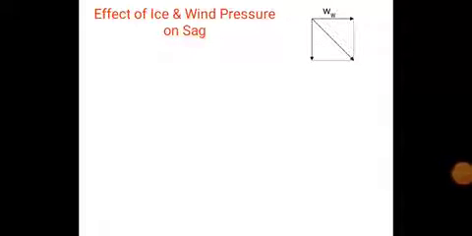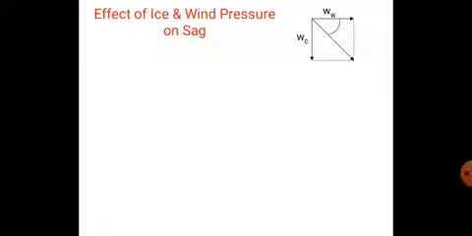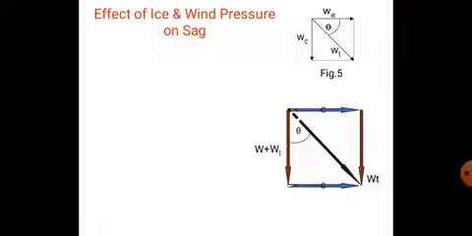Here the horizontal component is the weight of the wind, and the vertical component is the weight of the conductor plus the weight of the ice. Theta is equal to tan inverse of b by a, using the vector sum of the weight of the wind and the weight of the conductor.